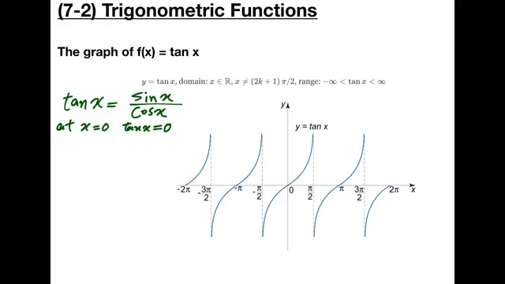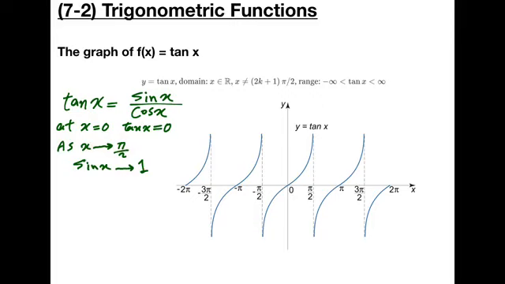But as x approaches pi over 2, we will see that sine of x approaches 1, because sine of pi half is 1. So the values of sine start to rise from 0 to 1 as x approaches pi over 2.